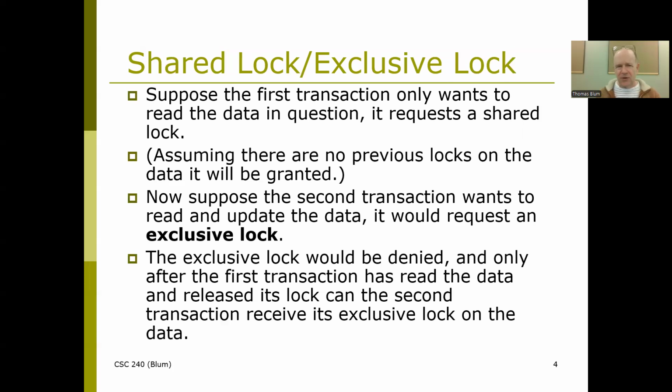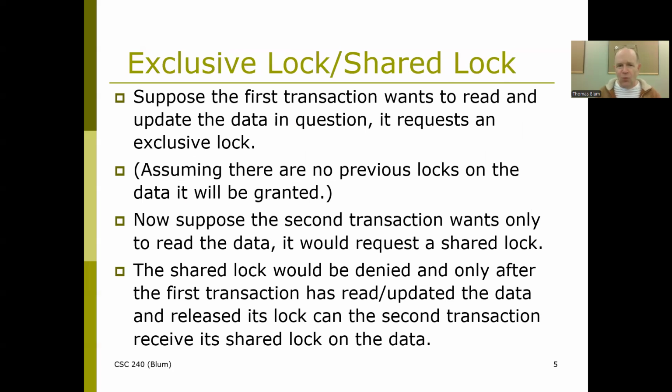In the scenario just described, the shared lock was first: transaction one requested the share. Now suppose transaction one wants the exclusive lock, so this time it is going to select and update, look at data and then change it. Then it requests an exclusive lock. Then transaction two comes along and says, I'd just like to look at this data, but it sees the exclusive lock. So it knows that transaction one, which has already begun, is going to write data, is going to update that data.